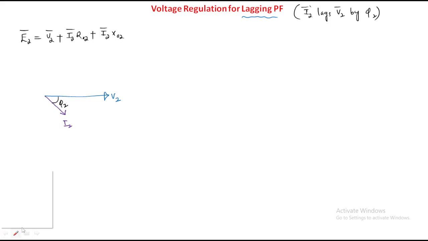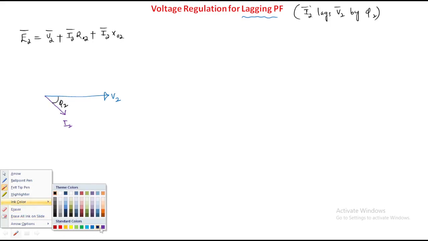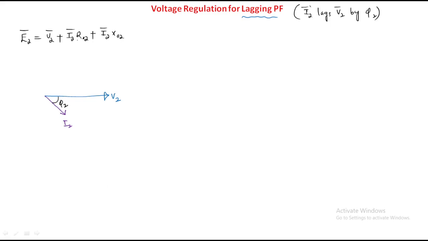Then I2 R02, the voltage drop across the resistor, is always in phase with the current. Clear? This is I2 R02.